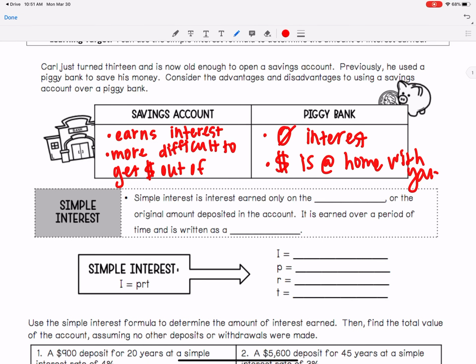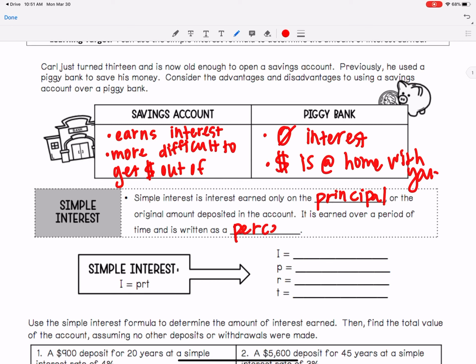Okay, so the next part of our lesson talks about simple interest. Simple interest is interest earned only on the principal, or the original amount deposited in the account. It is earned over a period of time and is written as a percentage.